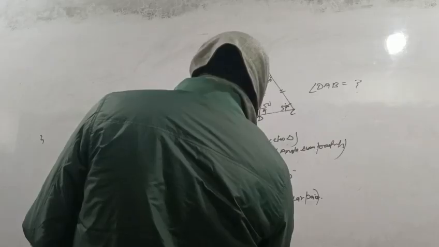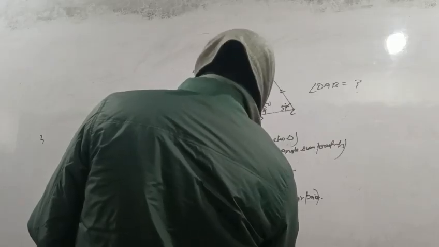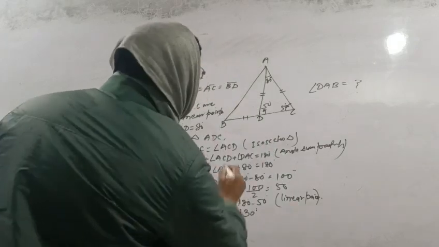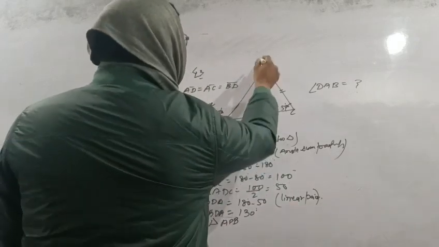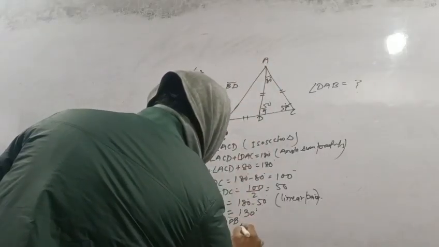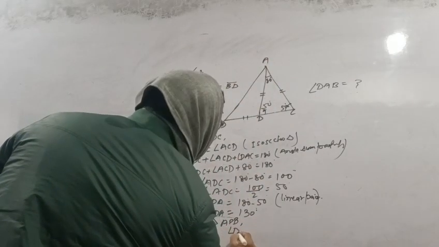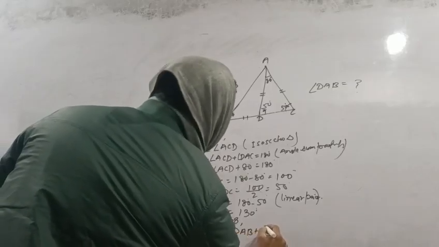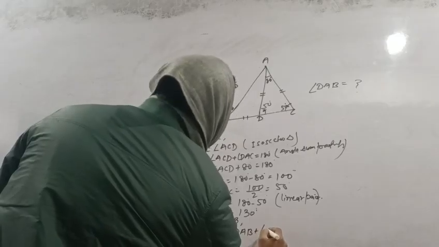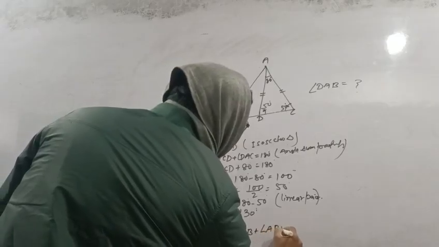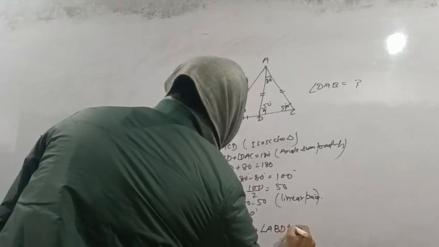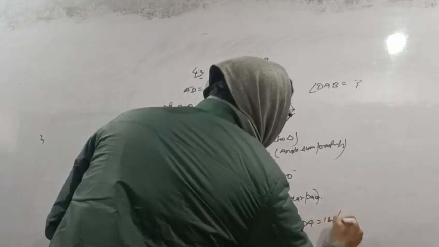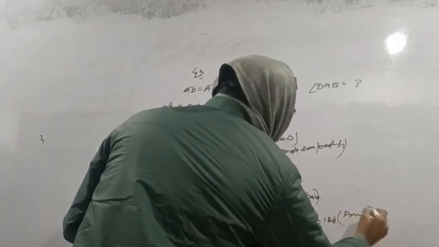Now in triangle ADB, angle DAB plus angle ABD plus angle BDA is equal to 180 degrees. Angle sum property.